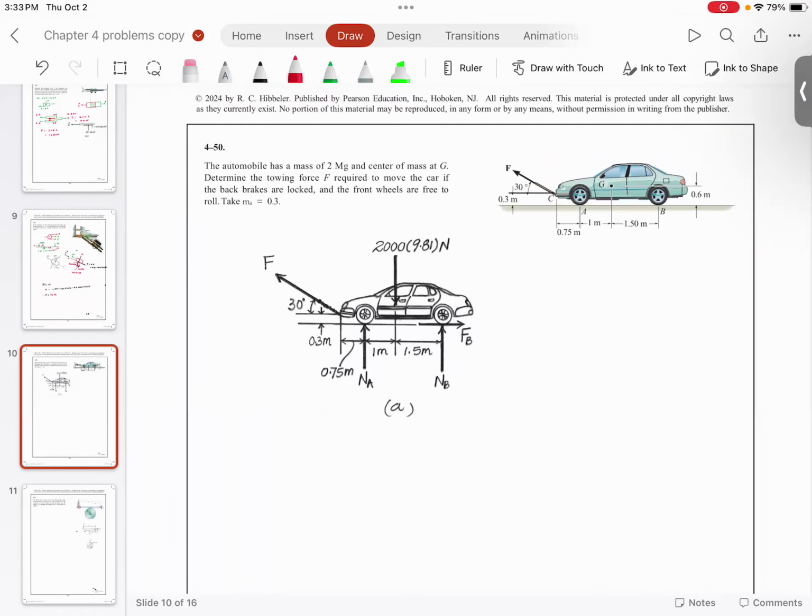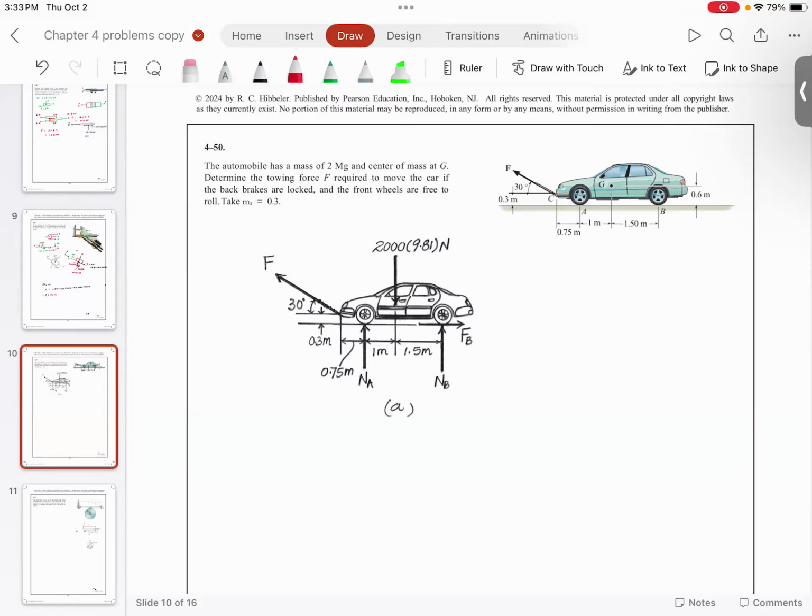Here is the next problem. You have this automobile. The weight of the automobile is 2 megagrams. 2 megagrams is 2000 kilograms or 2 tons. The mass center is at G. Now, this is a very important concept because the next chapter that we are going to study is called the centroid.